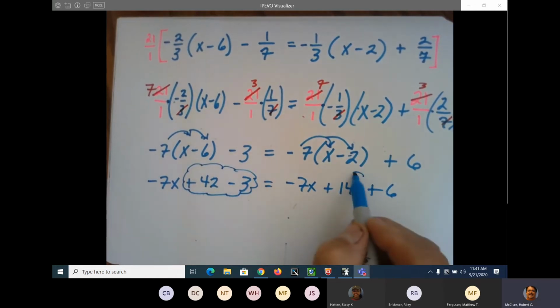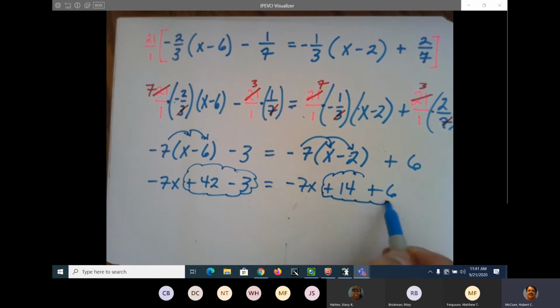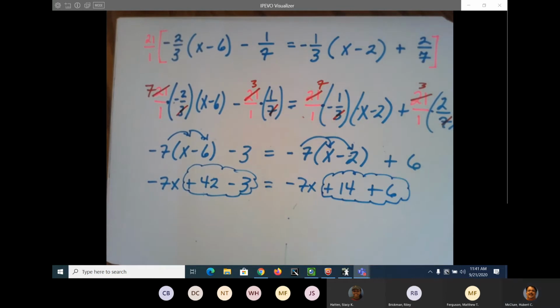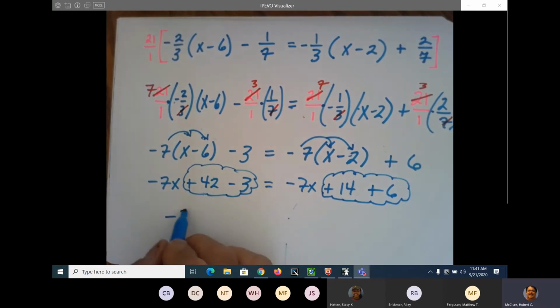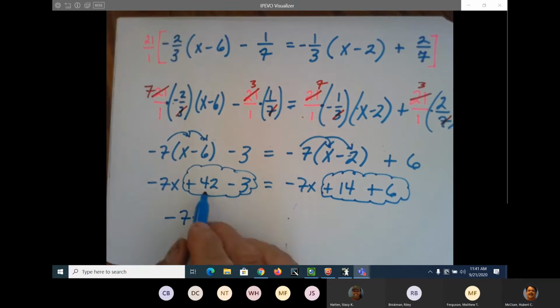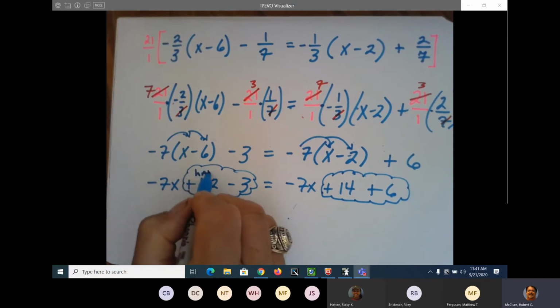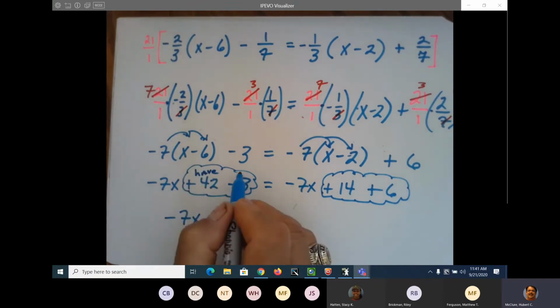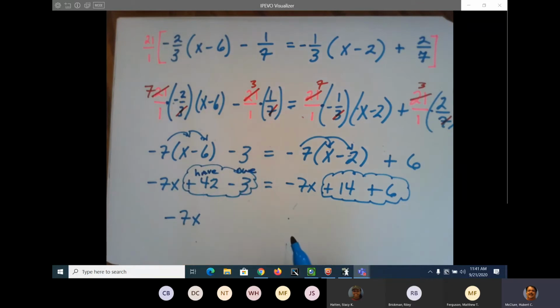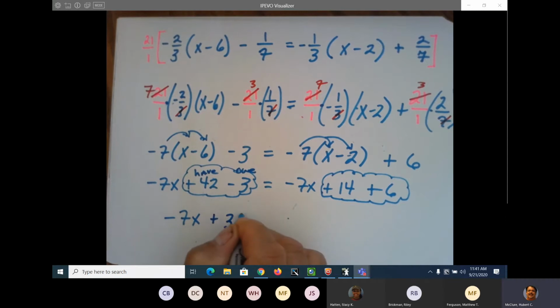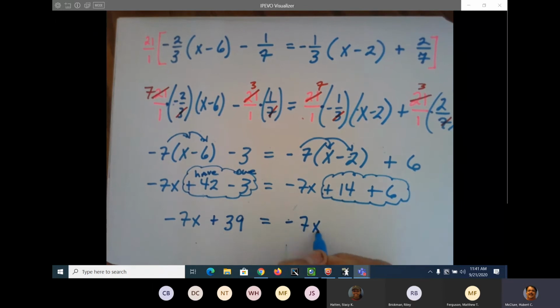Now, some of you can already see what's going to happen here, but we're going to go ahead and finish it. Negative 7x, you have $42, and you pay off a debt of $3. You still have what? $39, Hubert. Thank you, class. Equals negative 7x plus 20.